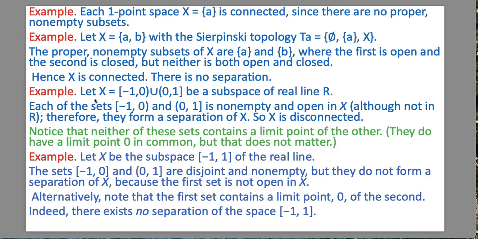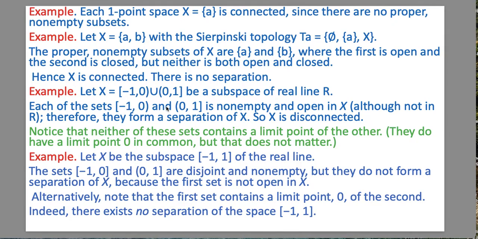One more example. Suppose X is equal to the union of the semi-closed intervals [-1, 0) and (0, 1]. The first is closed at -1 and open at 0, and the other is open at 0 and closed at 1. So X is a union of two semi-closed intervals and a subspace of the real line R. Each of the sets [-1, 0) and (0, 1] is non-empty and open in X, although these are not open in the set of real numbers.